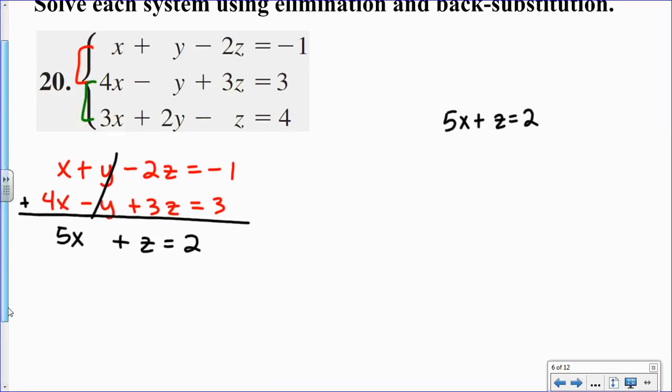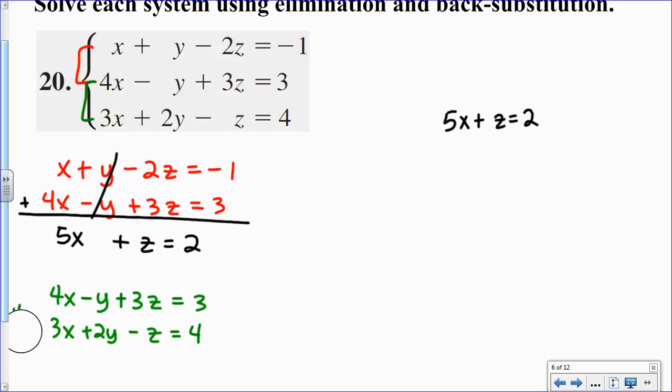Okay. So now I have 4x minus y plus 3z equals 3, and 3x plus 2y minus z equals 4. What variable do I want to eliminate? Y, because I eliminated y here, so I have to eliminate y here. Can I eliminate y just by adding or subtracting? No. What should I multiply the top equation by? 2?